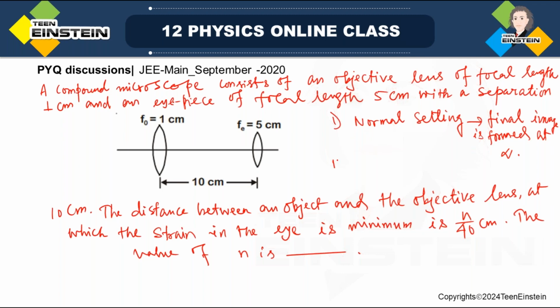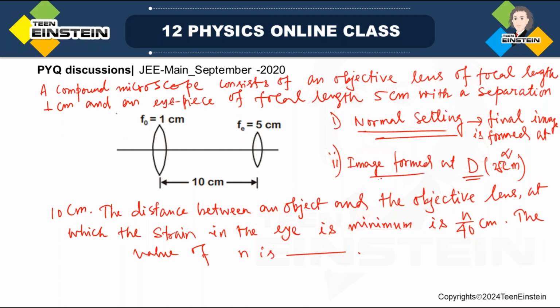Another setting is where the image is formed at the least distance of distinct vision, that is D, which is 25 centimeter. So these are two different settings.